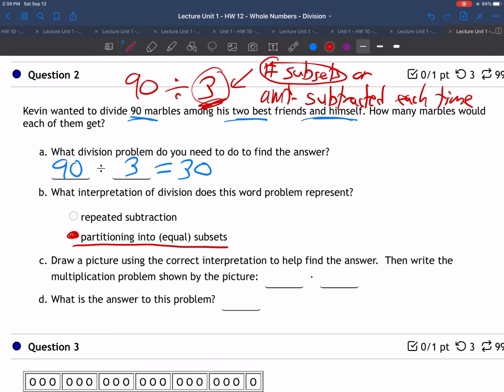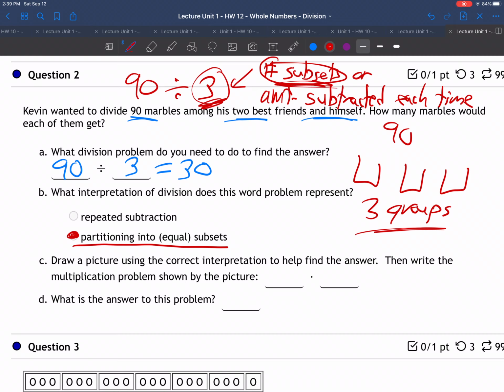What we're mainly doing is taking that 90 and breaking it into 3 groups, right? The 3 is the number of subsets or groups. It's not the amount we're taking away. If instead they'd said, take your 90 marbles and you have a whole bunch of friends, have them all put out their hands, and you're going to give 3 marbles to each friend.